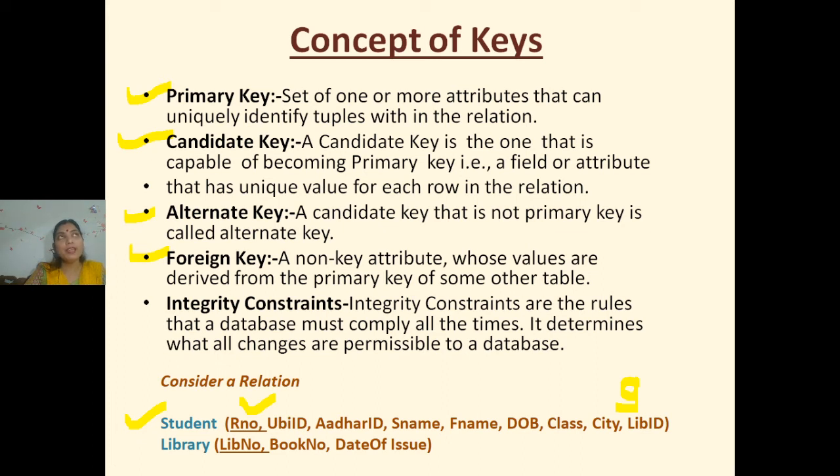The primary key, candidate key, alternate key, foreign key, and now integrity constraints, the new term. Whenever we like to apply a rule over the database, they have to fulfill some constraints. What are the constraints? The rules applied over the table or the columns of the table. And how are they applied? They are applied in the form of this primary key or the foreign key and a few other constraints.